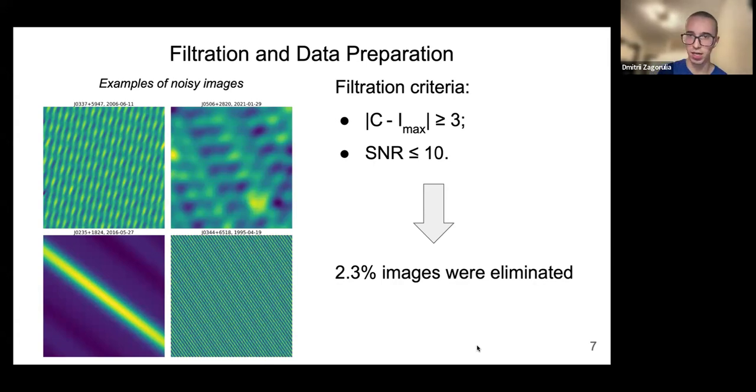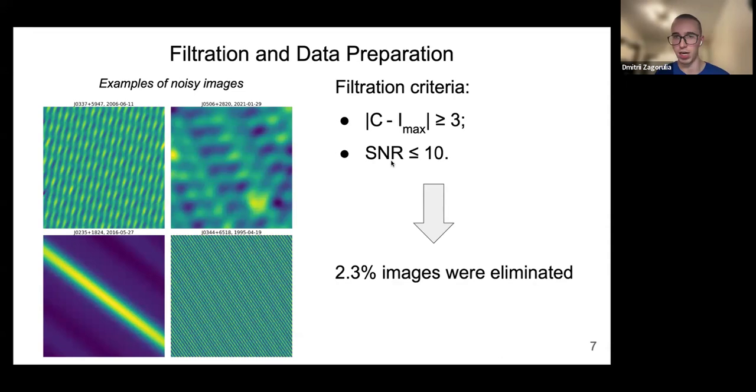We know that the telescope is pointing at the brightest pixel on the sky. So we assume that if the difference between the center of the map and the maximum of intensity is more than 3 pixels, then something happened in the observation, which makes it not normal, let's say.